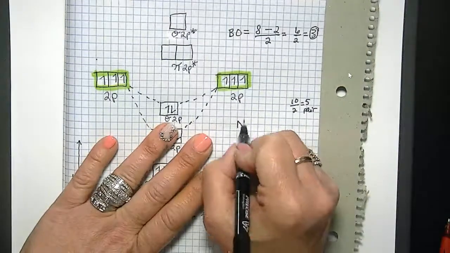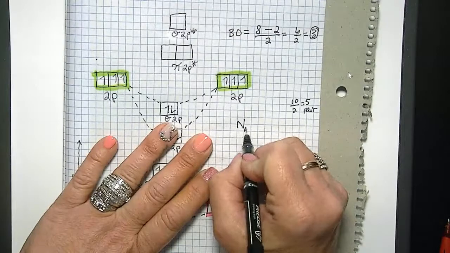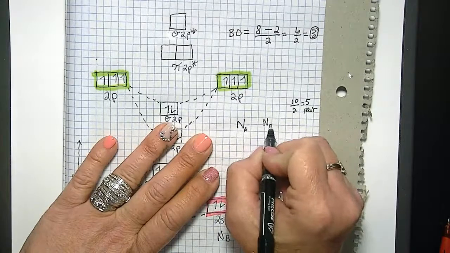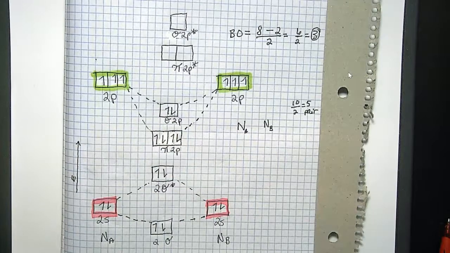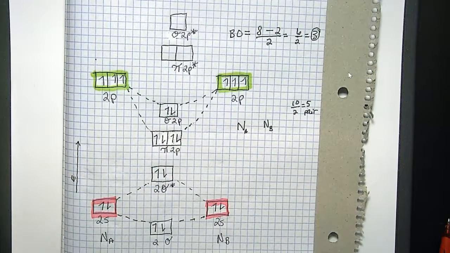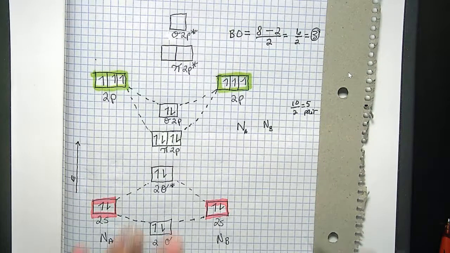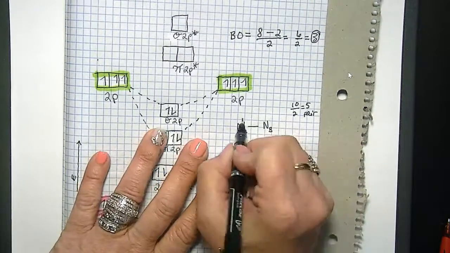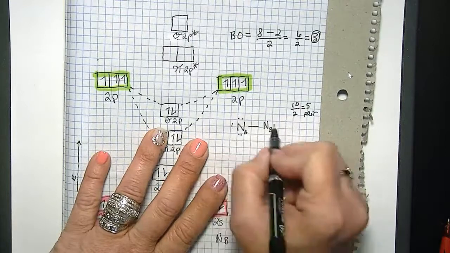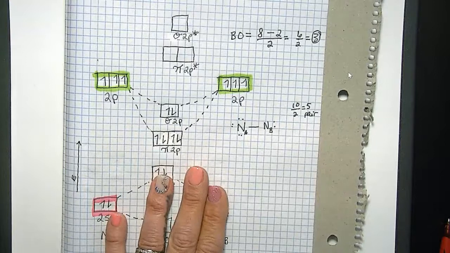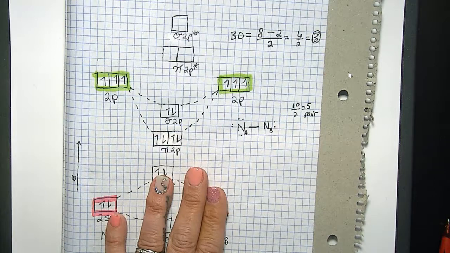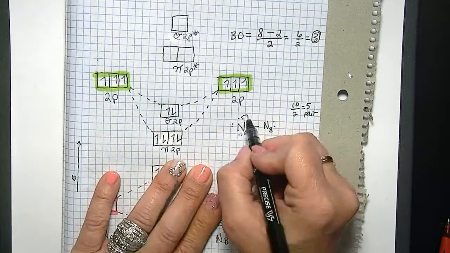So here's nitrogen A, nitrogen B. Normally we say the most electronegative gets first dibs. In this case, they're exactly the same thing, so we're just going to pick one. 1, 2, 3, 4, 5. Not each nitrogen has an octet, so we can borrow.